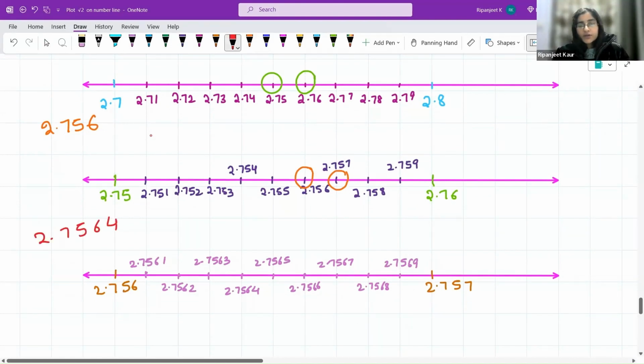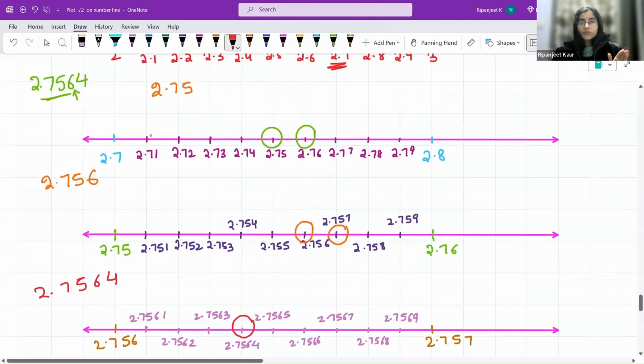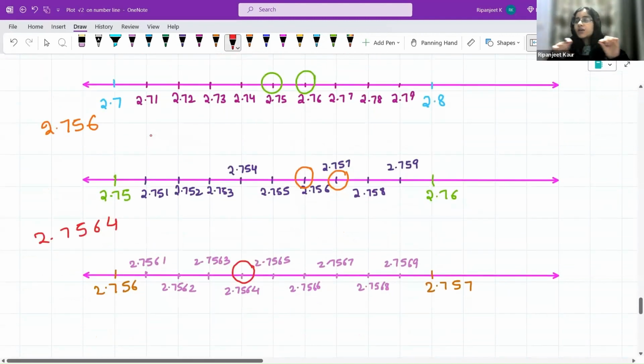Okay, so let us see where is it. Okay, finally, can you see it here? Over here, 2.7564. So this is how we can locate the numbers which are so tiny, right? They're all existing on the same number line, right?